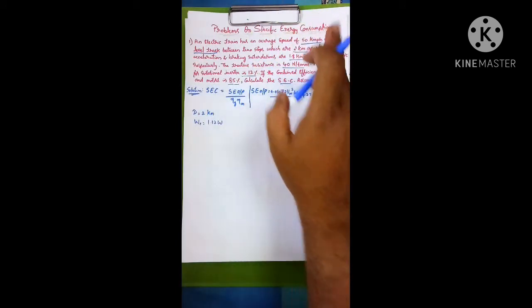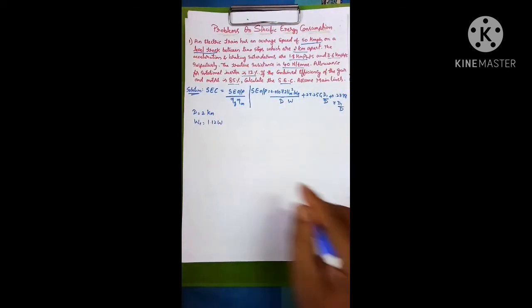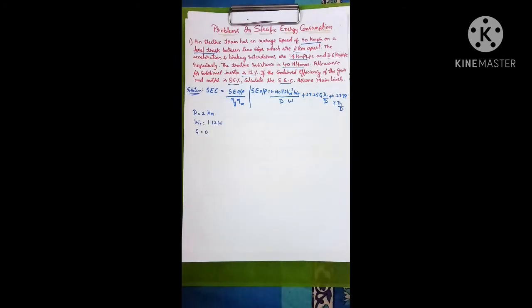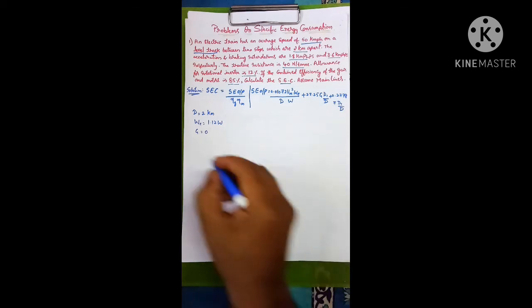There is no up gradient nor down gradient, so G is going to become 0 here. That's why I told you level track is important. Level means there is no up or down gradient. So G is 0.